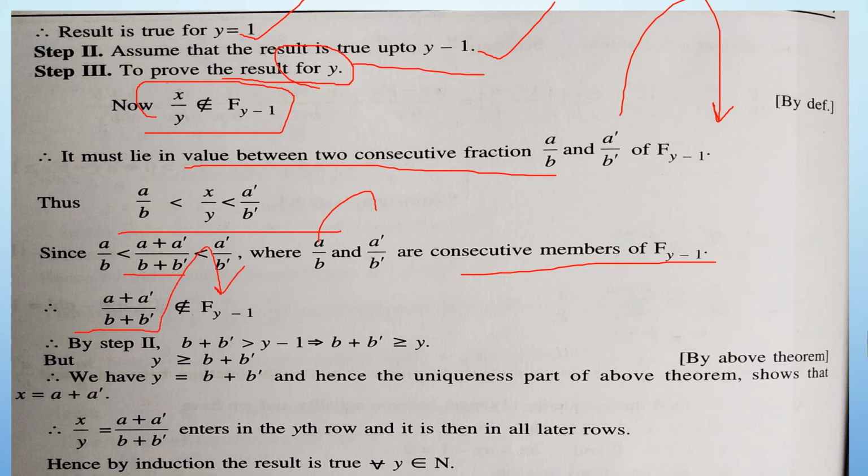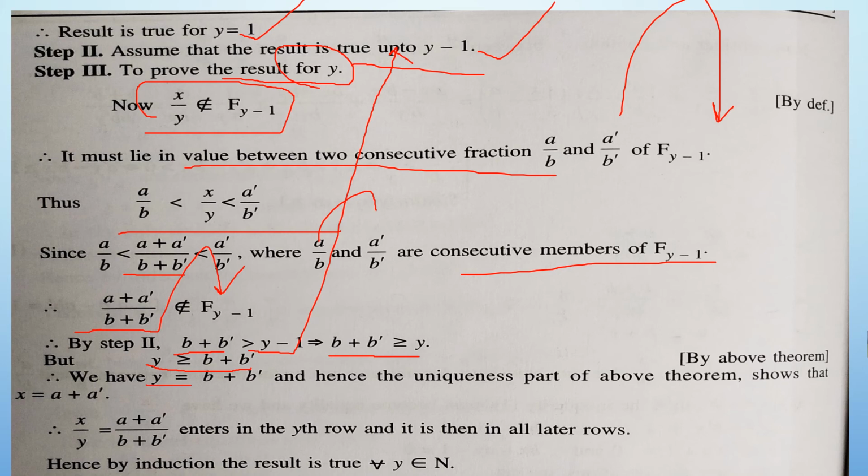It means b plus b dash is greater than y minus 1, using step 2, because it does not belong to the F(y minus 1) term, so the sum of denominators is greater than y minus 1, so is it equal to y. So b plus b dash is greater than or equal to y. But by the previous theorem, y is always greater than or equal to b plus b dash, because b plus b dash is the least denominator.